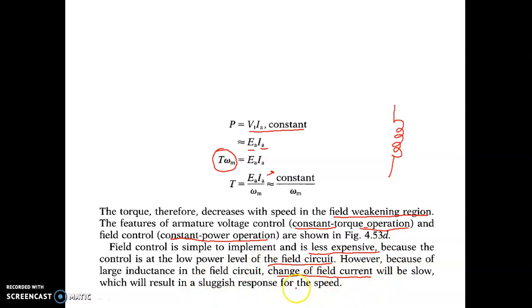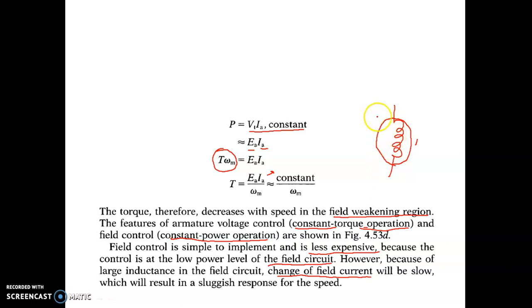So this control will be slow, which will result in a sluggish response of the speed control, not a smooth control, because this high inductive nature of the field will not allow the current to change suddenly.